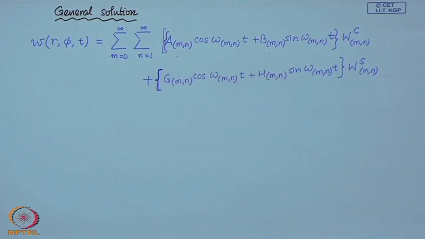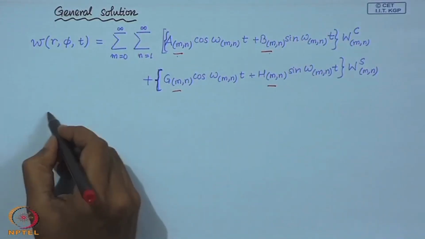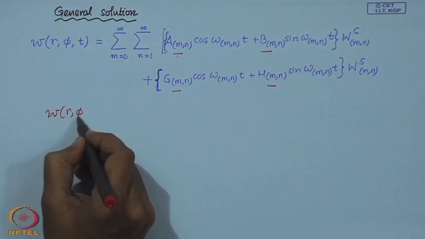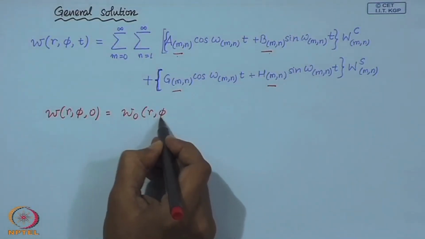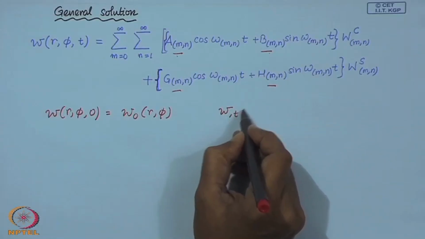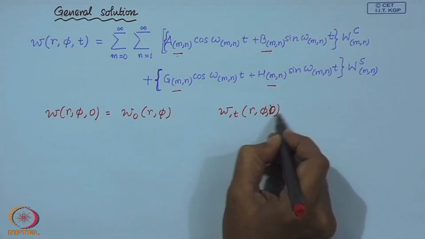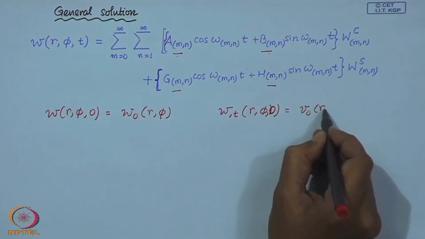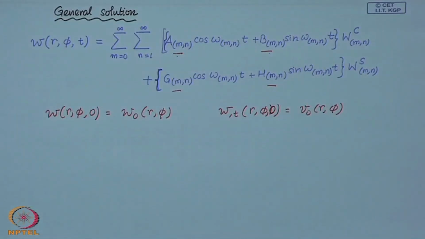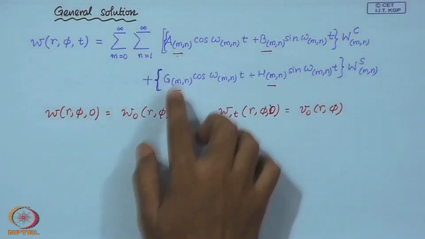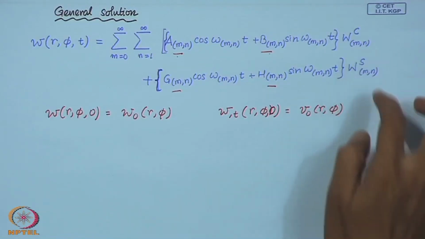Here these coefficients, the constants, are to be determined from the initial conditions. From these initial conditions we can determine these constants using the orthogonality property of the eigenfunctions.